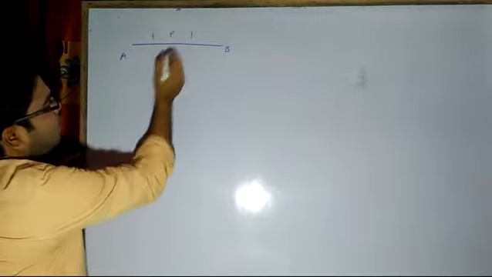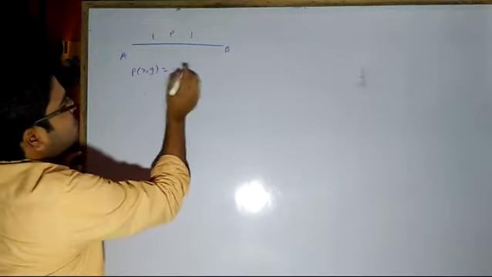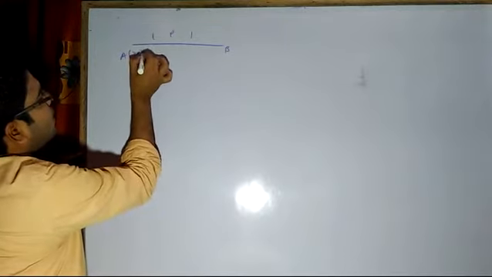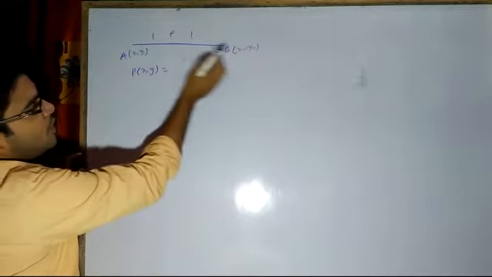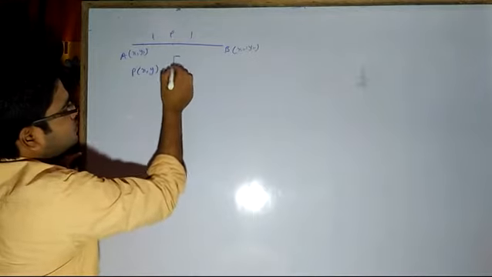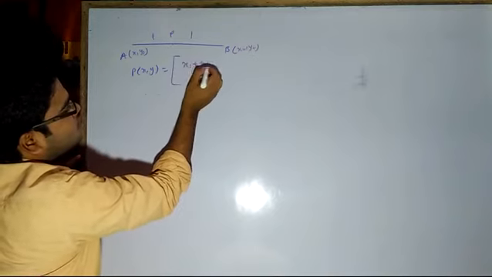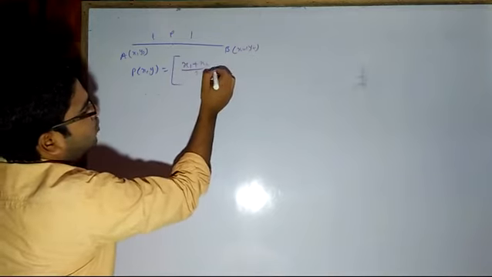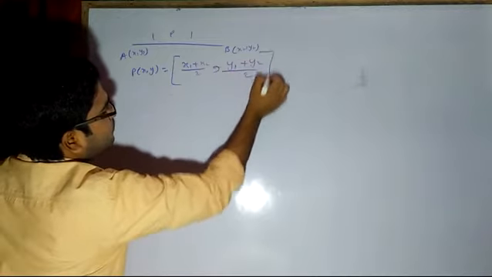To find the point P, x comma y, the formula will be like, here I am having x1 y1, here I am having x2 y2, then 1 into x2, 1 into x1. So the entire formula will be (x1 plus x2) by 2 comma (y1 plus y2) by 2.